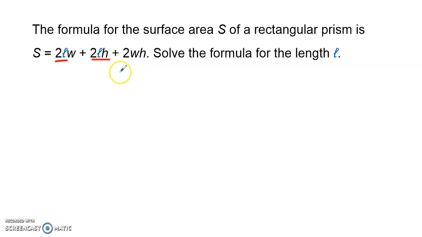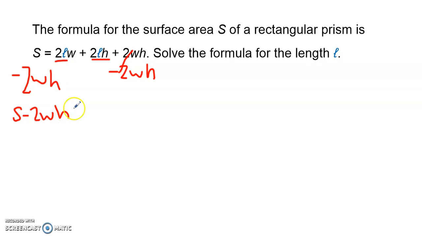This one does not have an L in it, so we're just going to take him over there. That cancels, so on this side we have S minus 2WH equals, then we'll bring our 2LW plus 2LH.